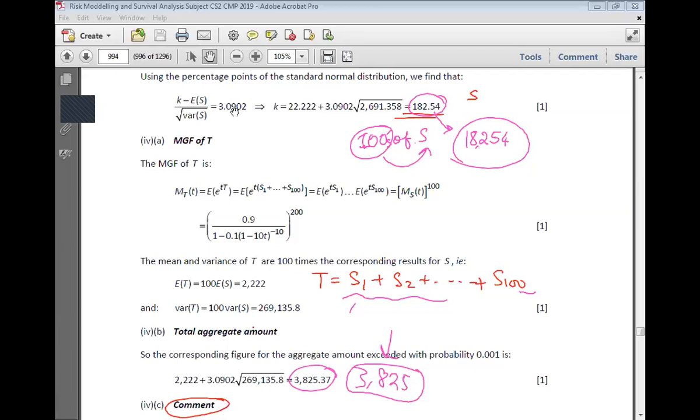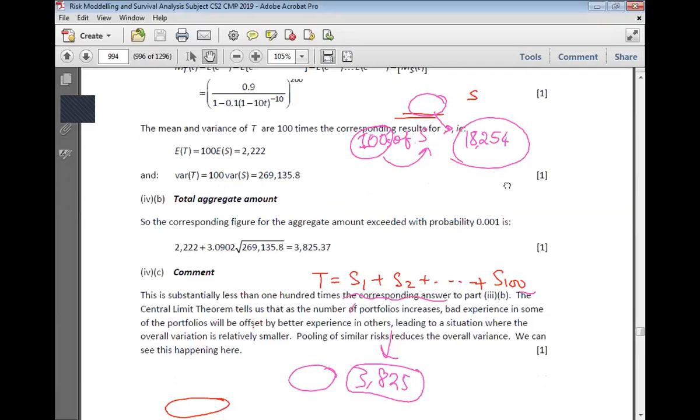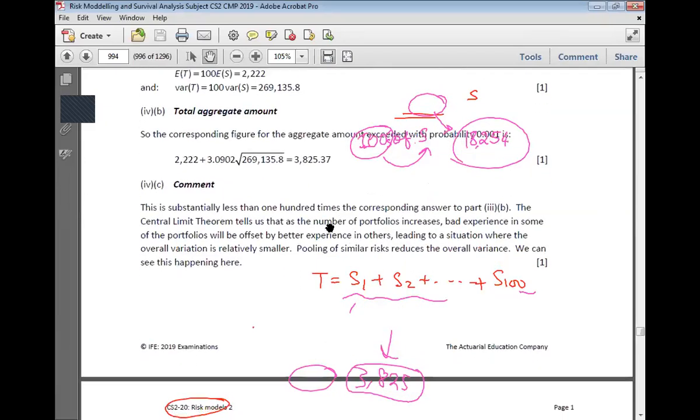If you read what they have to say about this, it is that as the number of portfolios increases, bad experience in some of the portfolios will be offset by better experience in others. This is what they mean when I say that if S1 goes bad and S100 goes really great, then you won't be suffering the loss of S1.